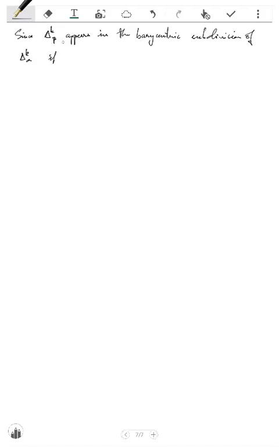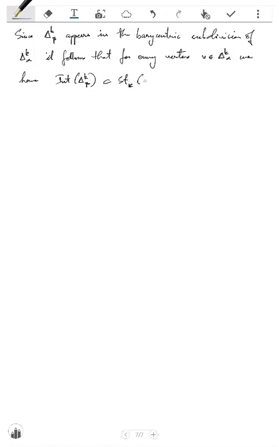it follows that for every vertex v in delta k alpha, we have interior of delta k beta is contained in star k of v.